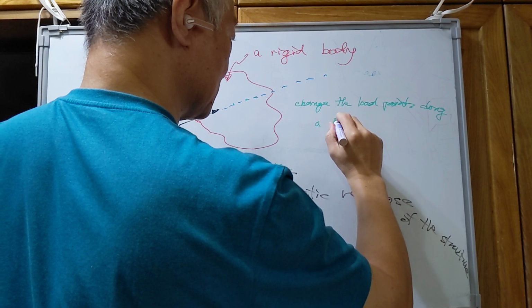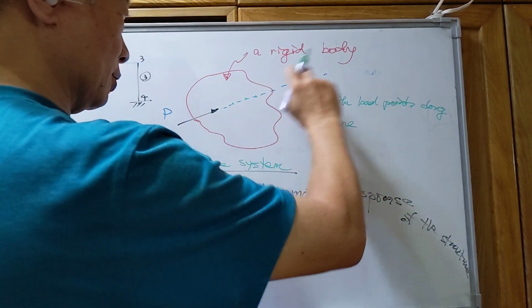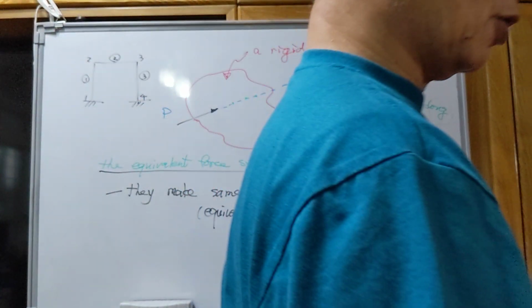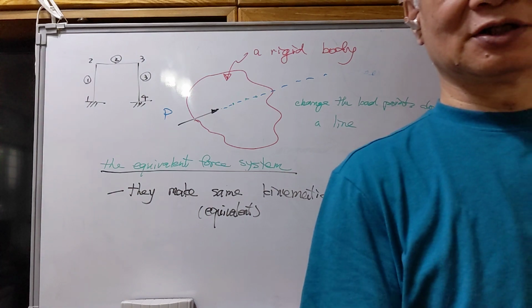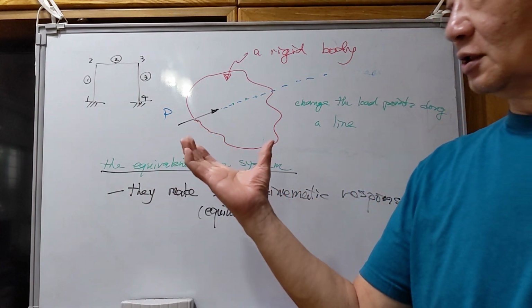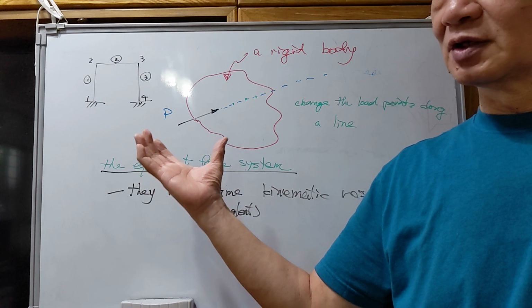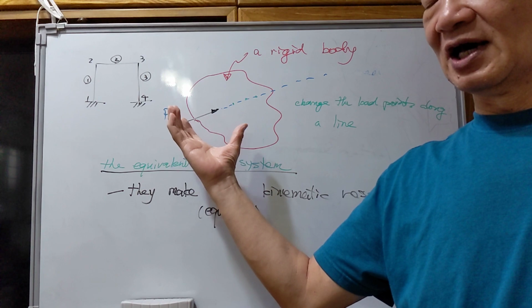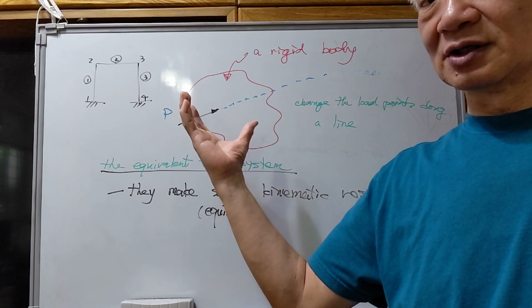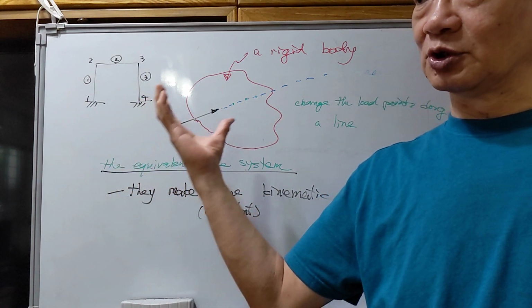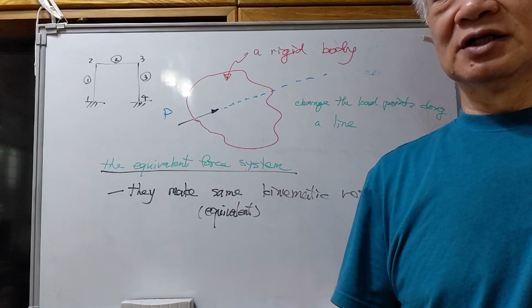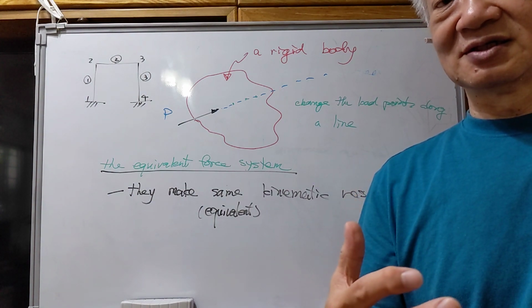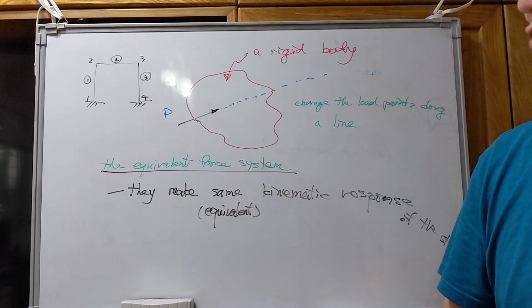If we change the load point along the same line, then all these forces are called the equivalent force system. The kinematic response means that we could have the displacement, the velocity or the acceleration of the structures. And all these equivalent force systems will have the same effects on the structures.